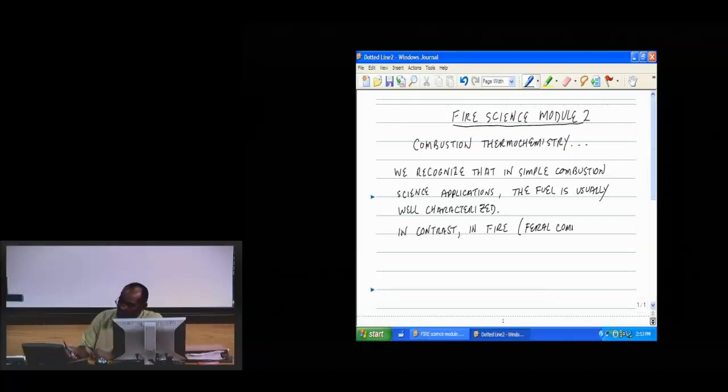So in fire, the fuels are much more complex, and in many cases, the fuels are engineered. So when somebody puts together a particular blend of polymers for some mechanical property, the comfort for a foam, or insulating property for something that goes over copper wire, there are all sorts of different additives that are put in there to achieve some engineering function.